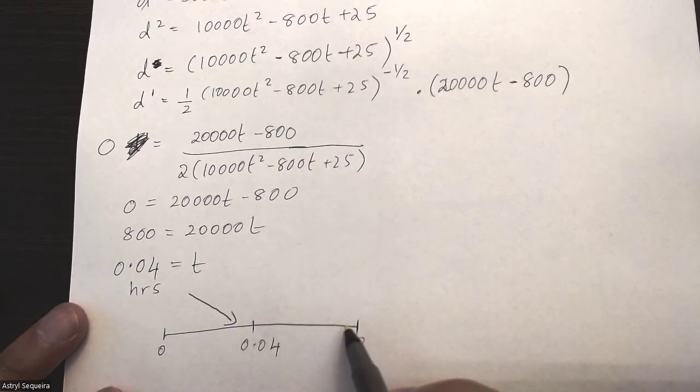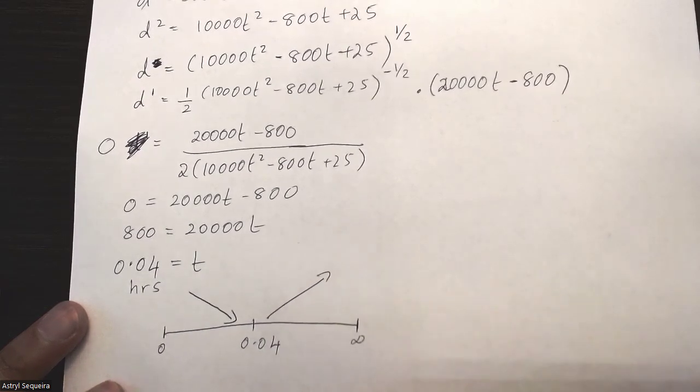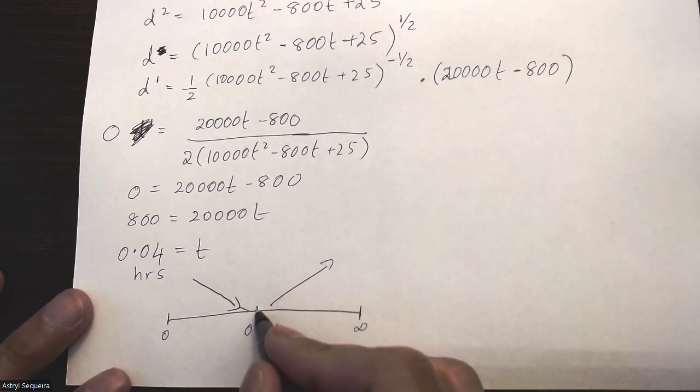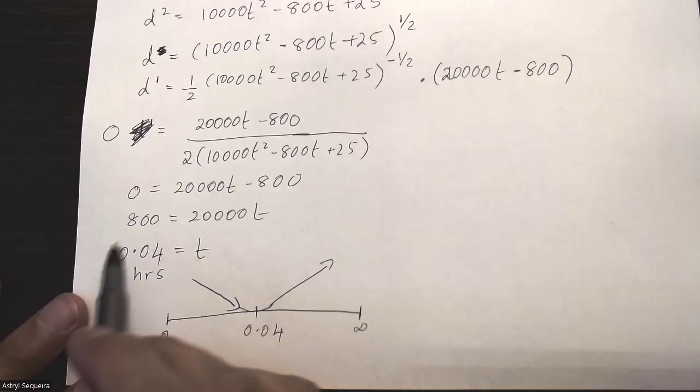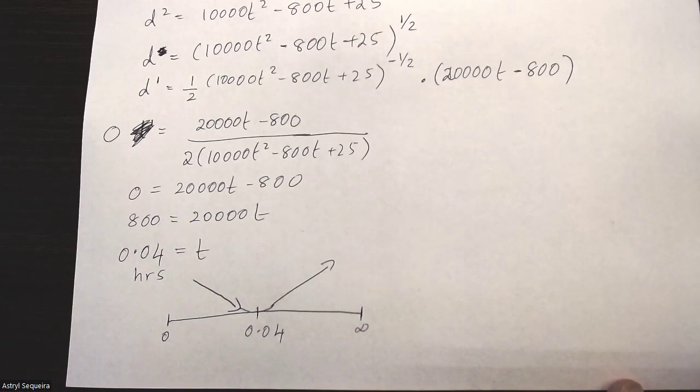And I'll sub in 0.05, a number larger than this. I get a positive number, which means that the graph is increasing, which means that this is a minimum here. So I know that t equals 0.04 is the minimum in this question.